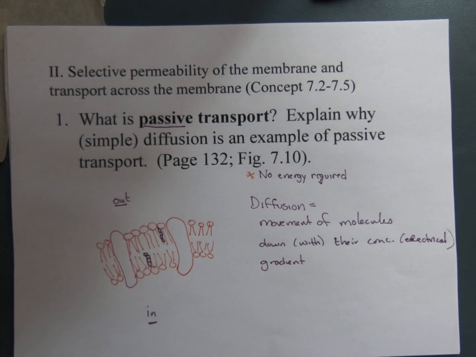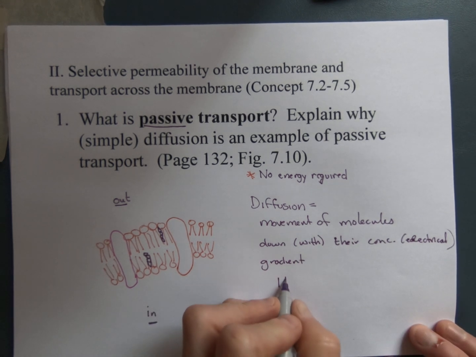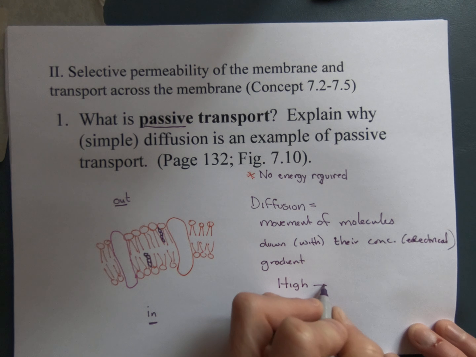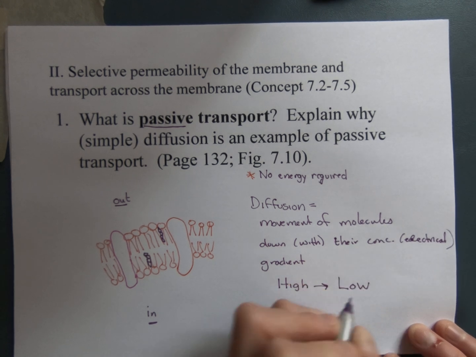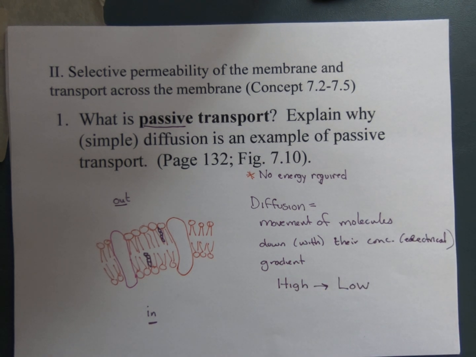Okay, so molecules are moving from high to lower concentration, right? They're moving from an area of high concentration to low concentration. And that's what diffusion is, the movement of molecules, the spreading out of molecules.